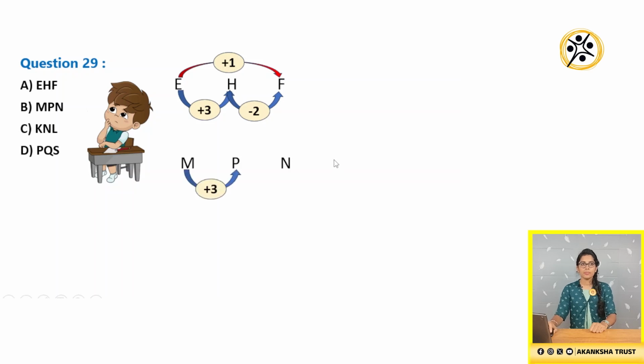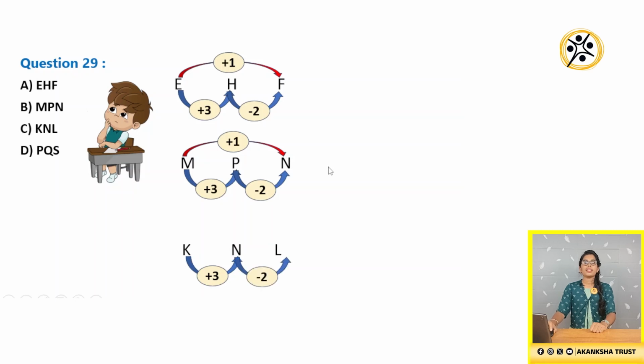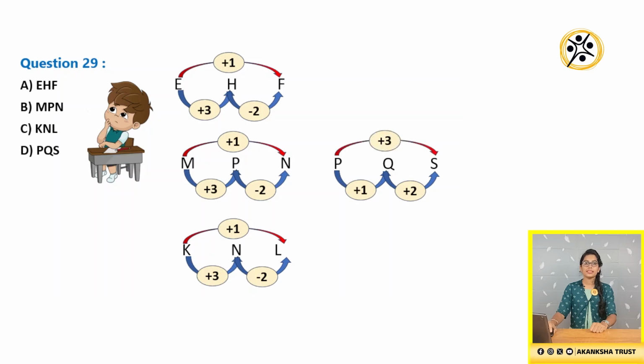And in the second option, M plus 3 is P, P minus 2 is N and M plus 1 is N. In the third option, K plus 3 is N, N minus 2 is L and K plus 1 is L. And in the fourth option, P plus 1 is Q, Q plus 2 is S and P plus 3 is S. So you can see that in the first 3 cases, options A, B and C, they are following the plus 3, minus 2, plus 1 pattern, right?